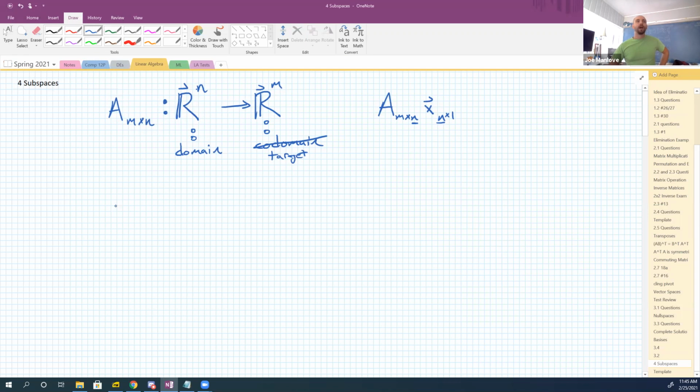So then the question is, what are the other subspaces I know of so far? So far, I know of a column space of A. What is the column space of A? Where do I get that thing? Remember, this is the span of all of the column vectors.